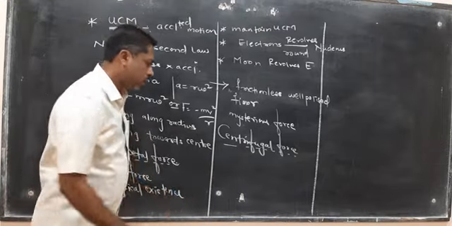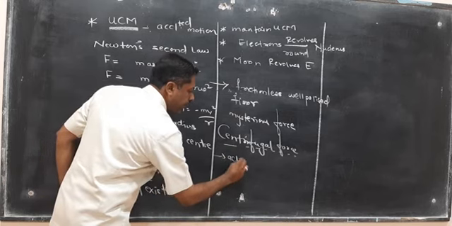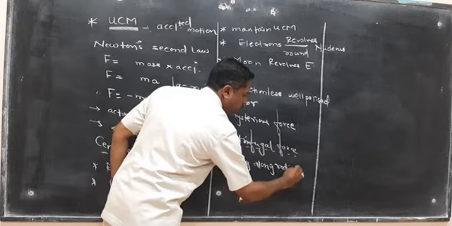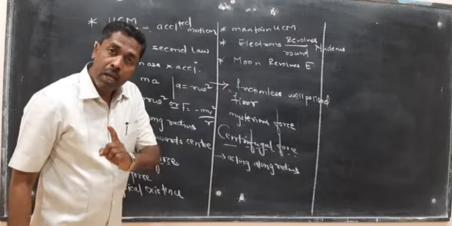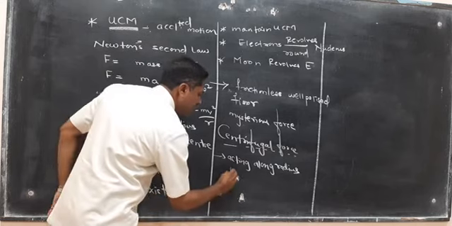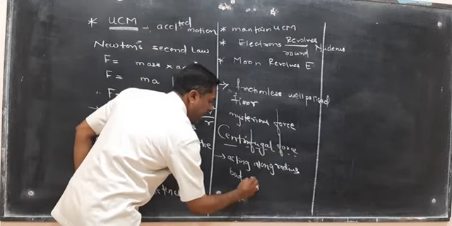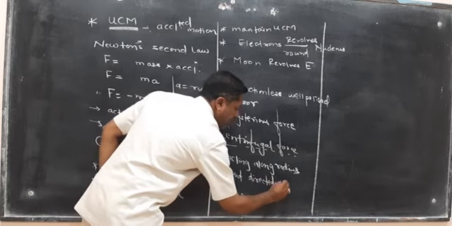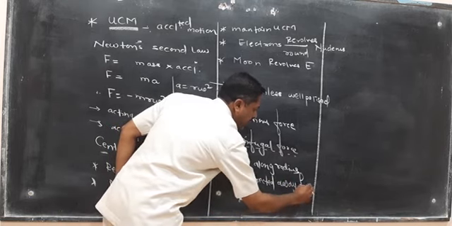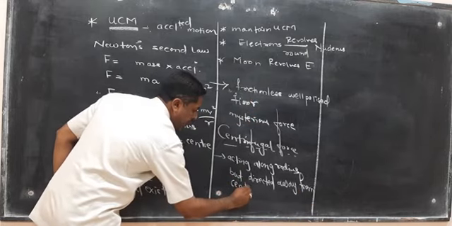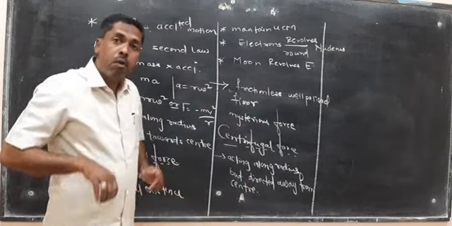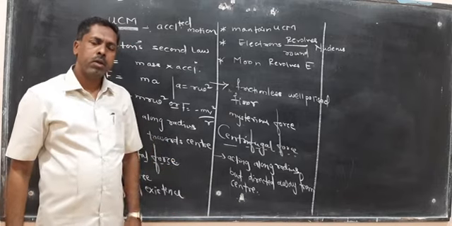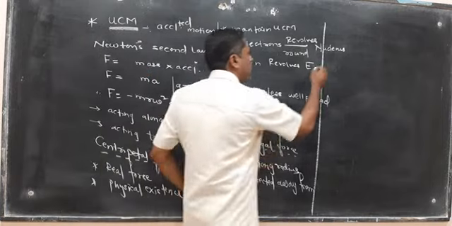The force which is acting along the radius, but is directed away from the center, is called centrifugal force. What is its importance?